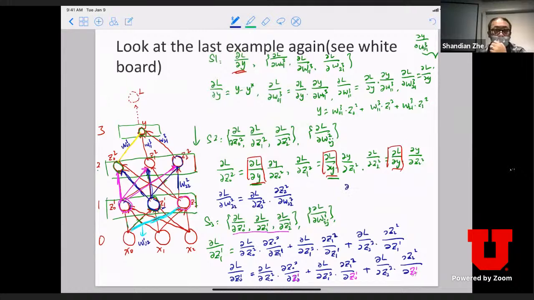So how do we compute partial L over partial W021? Given the results we have already obtained, how to do that?